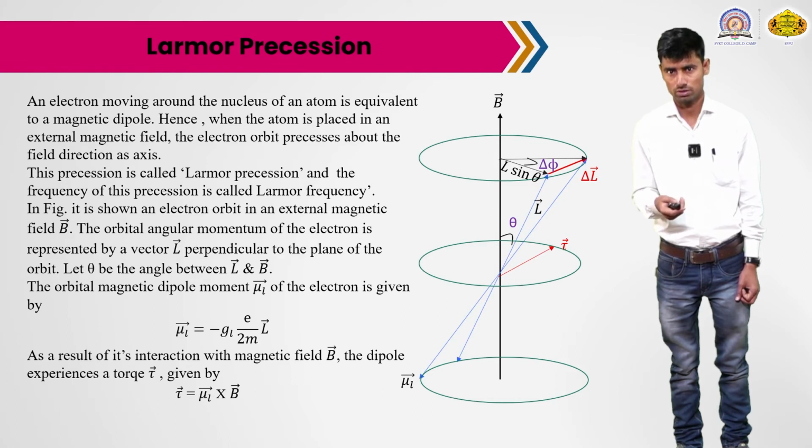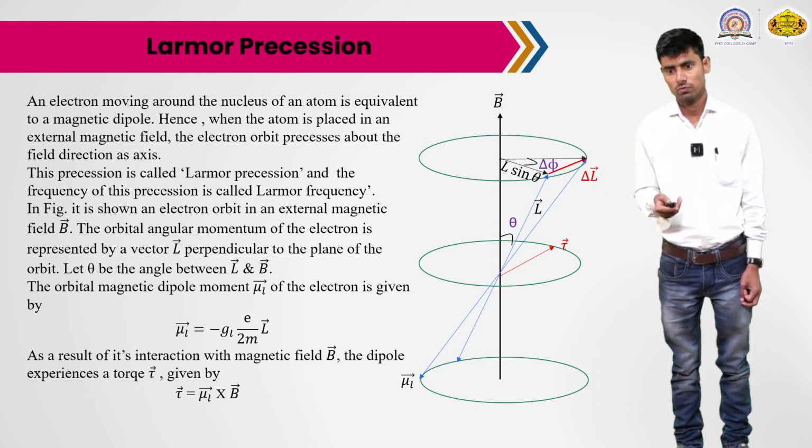We have also found its value for the magnetic dipole moment, both for the spin and orbital motion, and hence whenever you place an electron in an external magnetic field as shown in the figure, the electron orbit will precess about the field direction. So the electron orbit starts precessing about the externally applied magnetic field direction, and this precession is called the Larmor precession, and this precession has some frequency which is known as the Larmor frequency.